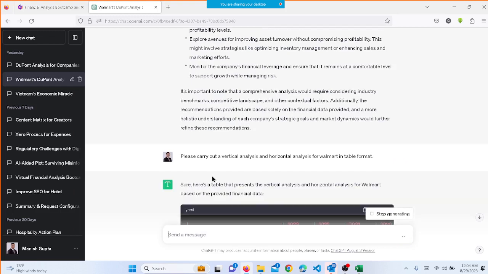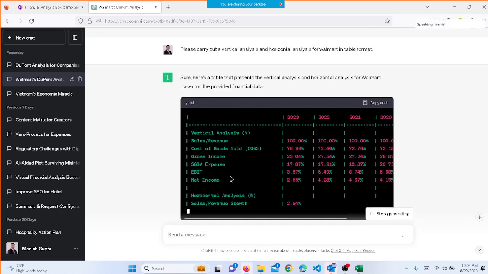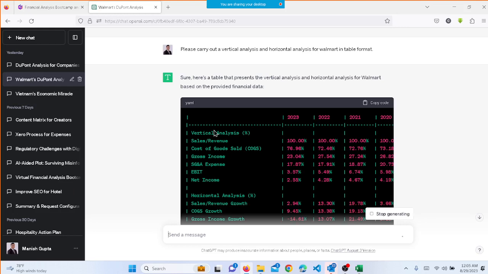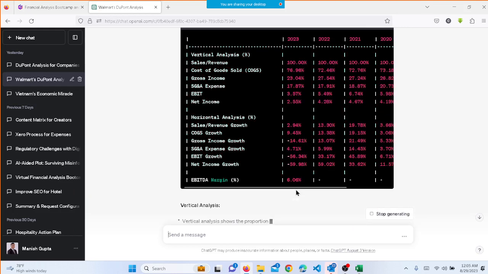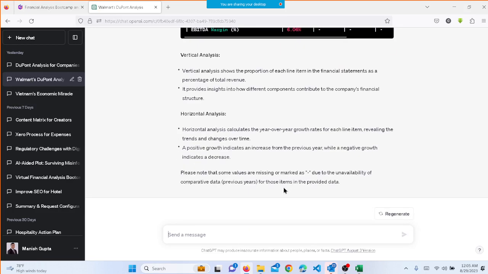You can ask ChatGPT to calculate it. You can see it's pretty fast in calculating the vertical analysis and horizontal analysis.